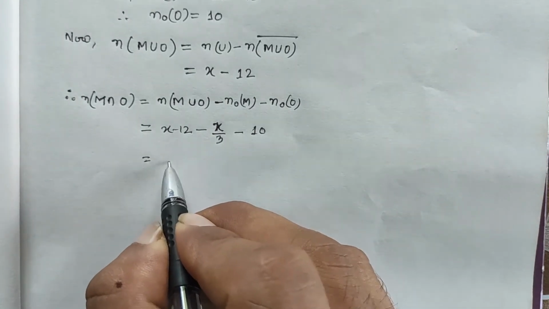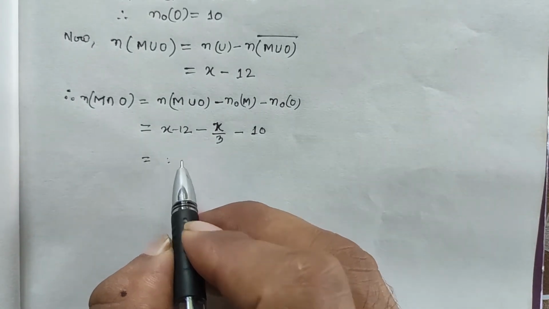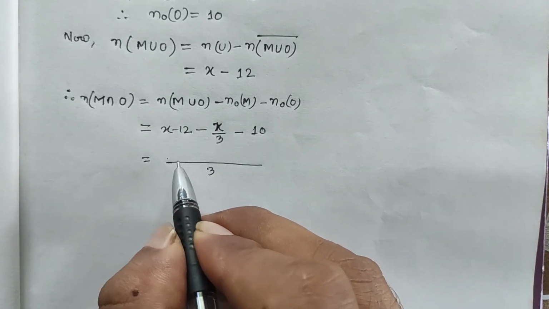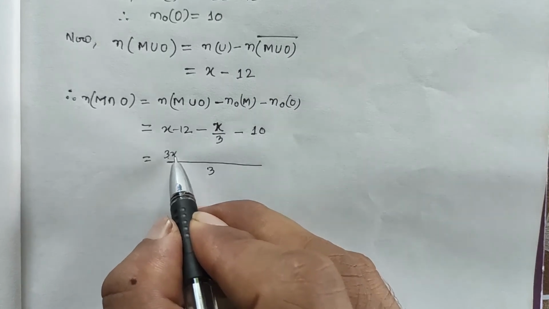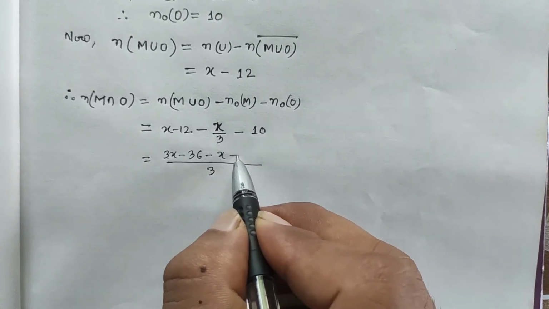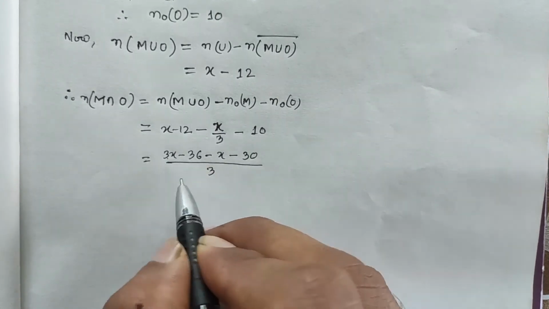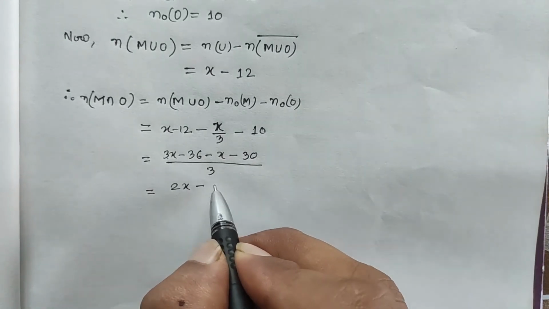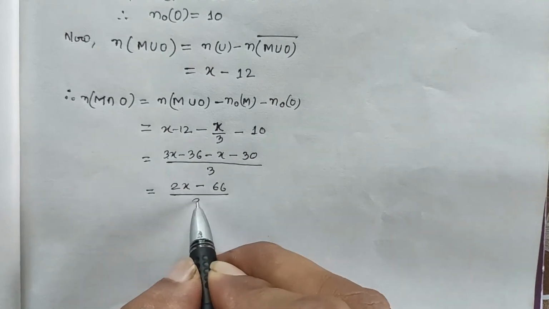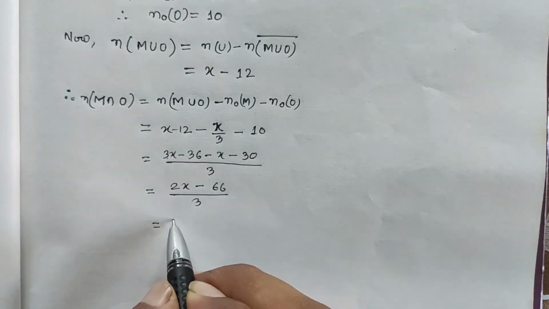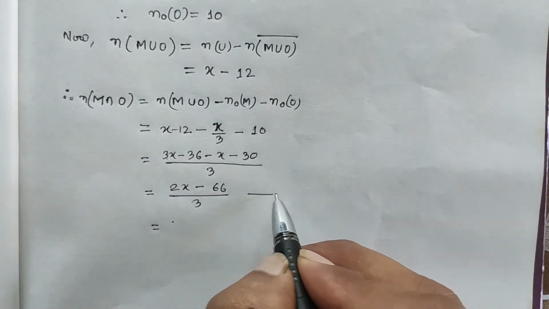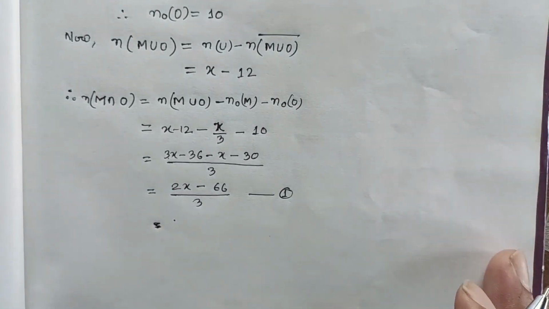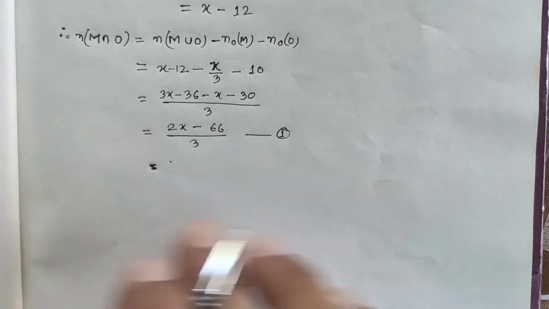Now take the LCM, which is 3: 3x minus 36 minus x minus 30, so it is 3x minus x, which is 2x, minus 66, upon 3. Let this be equation 1 for the intersection.